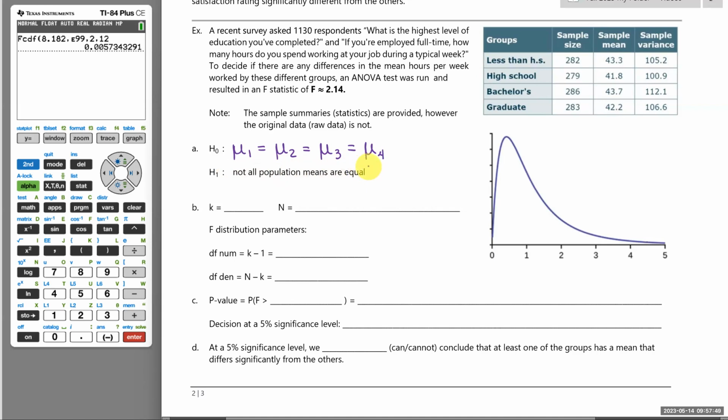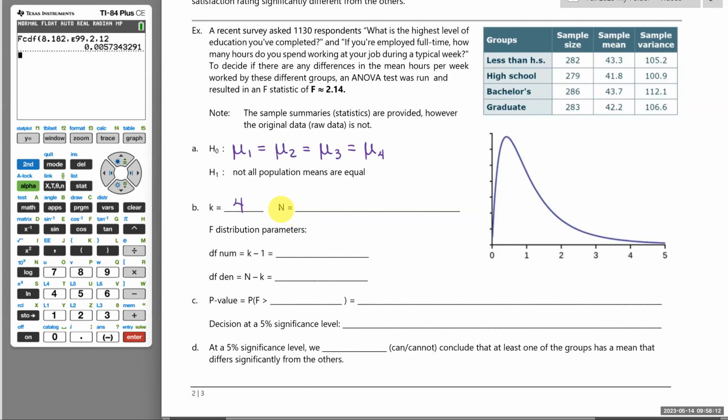In running an ANOVA test, K is the number of treatments, or in this case, you can think of these as the number of different populations of interest. So we're looking at 4 different populations. Capital N is the grand total number of observations.